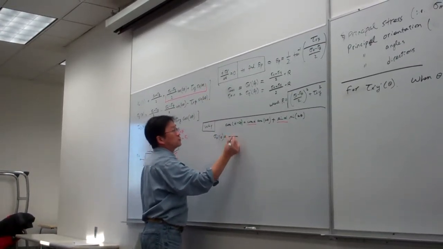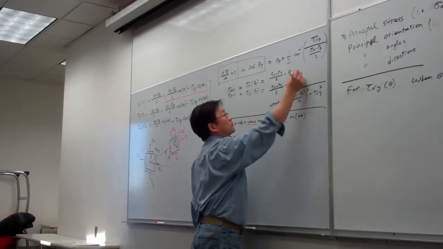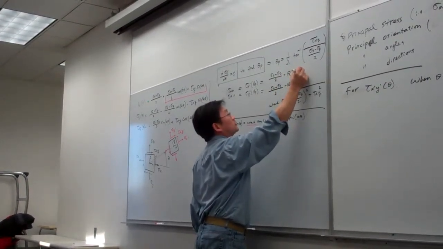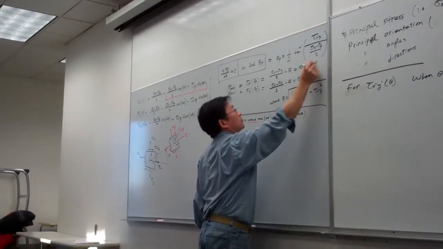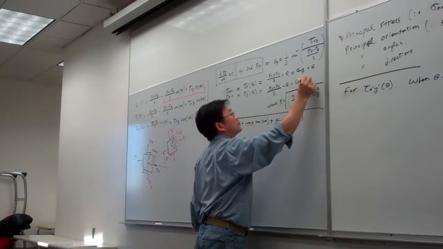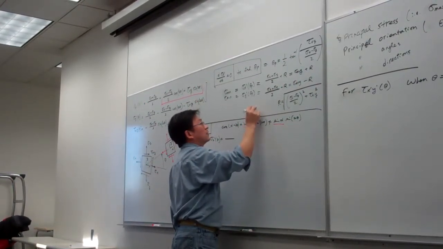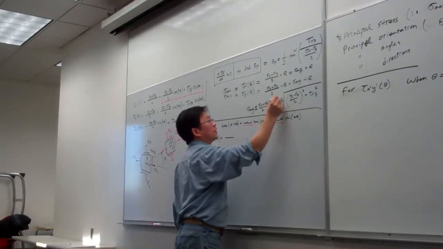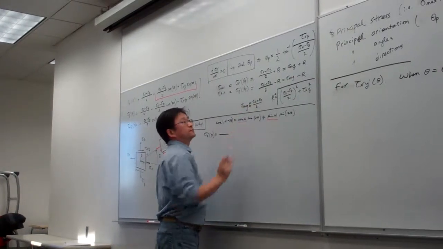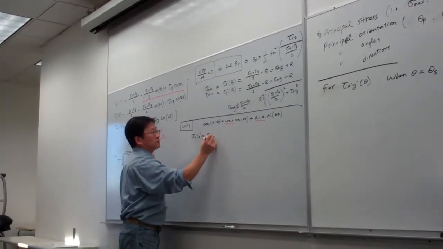For convenience, let me introduce one more symbol. So this is called the average, and average plus R, plus minus R. Here the average by definition is the average of the normal stress. Okay, the R is defined by that.